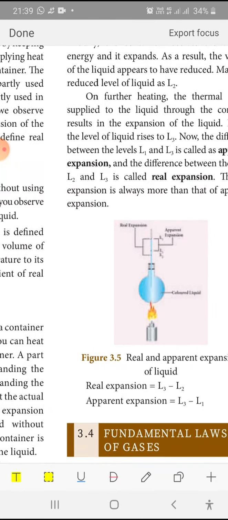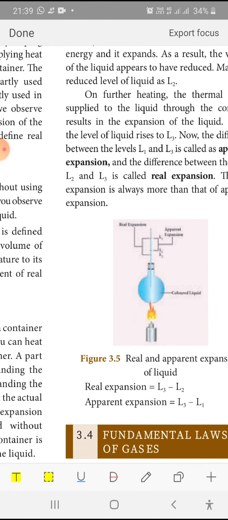The level of the liquid rises to the level L3. The difference between L3 and L2 is the real expansion. The difference between L1 and L3 is the apparent expansion.